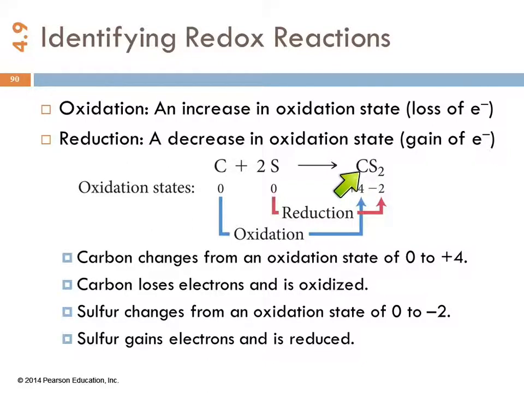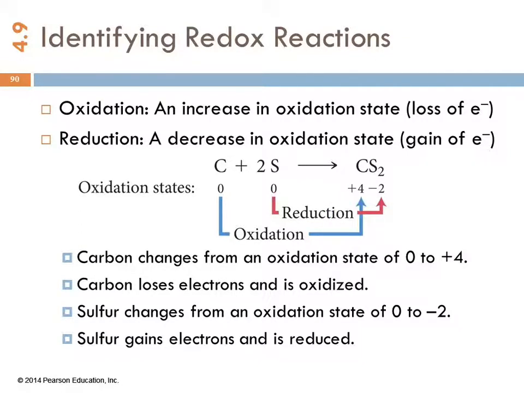He didn't even make it on the list. So sulfur gets -2, which happens to be the charge it would have if it was in an ionic compound. There's 2 of them, so that would be a total -4 oxidation state. And it has to add up to 0, and so we figure out that carbon has +4.